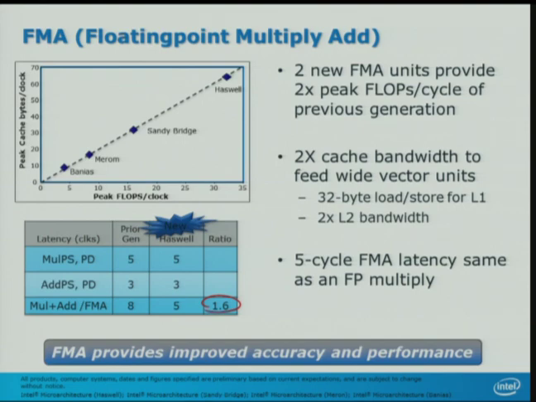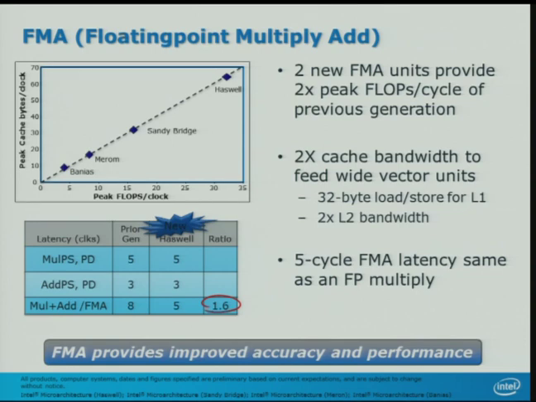OK, so here, I think this was a really cool microarchitecture and implementation that we did. We added 2 new FMA units, so we doubled the floating point performance. We also doubled the bandwidth in the 2 first-level caches to actually keep up with this doubled compute performance.